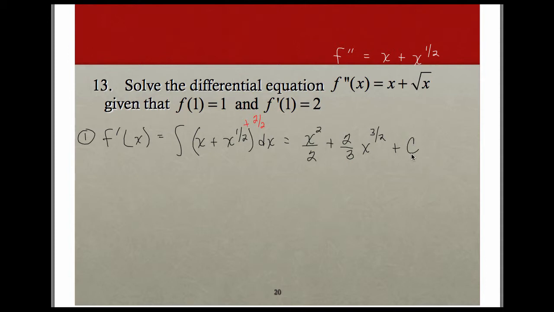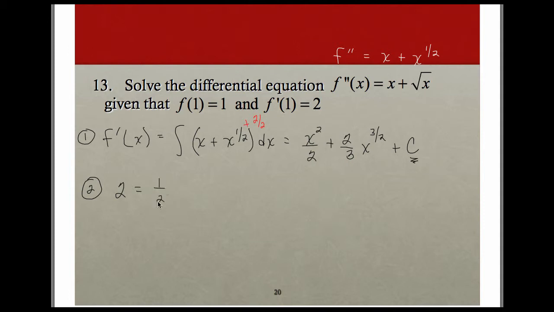Okay, so what we could do now is sort of stop and use the information we know to find this particular c. Okay, so let's go ahead and do that next. All right, you just have to make sure you're grabbing the correct information. So we want to use the fact that we know f prime of 1 equals 2. So we can set that first derivative equal to 2, and we're going to put 1 in place of our x's.